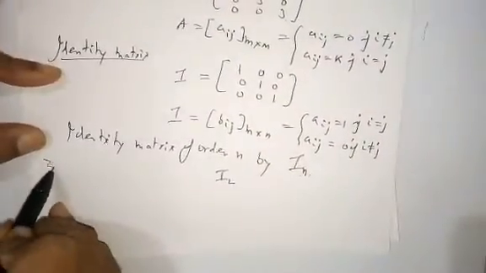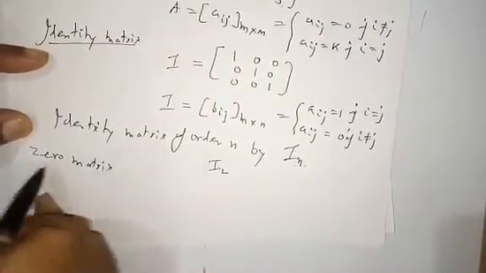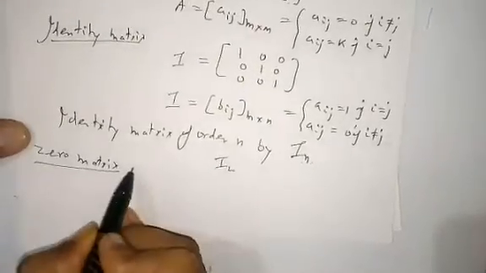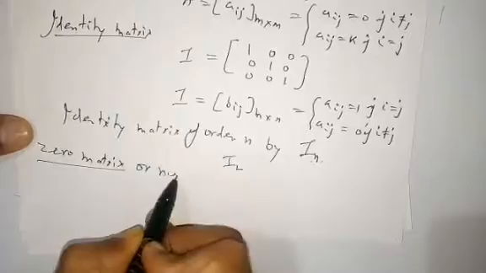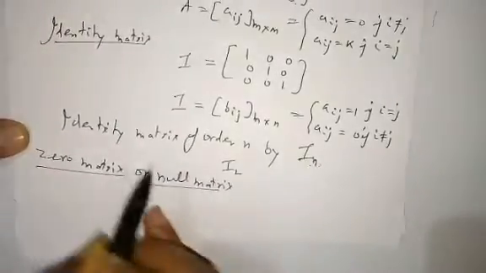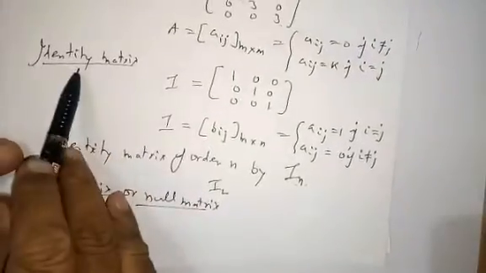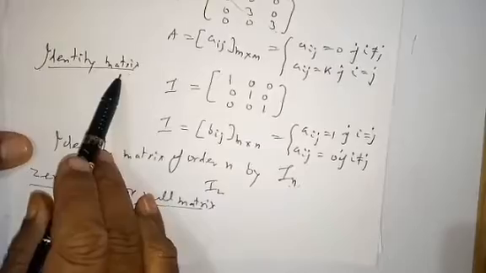Another matrix is the 0 matrix, and there is a nickname for the 0 matrix, that is the null matrix. In the same way, for the identity matrix there is also a nickname, that is the unit matrix.